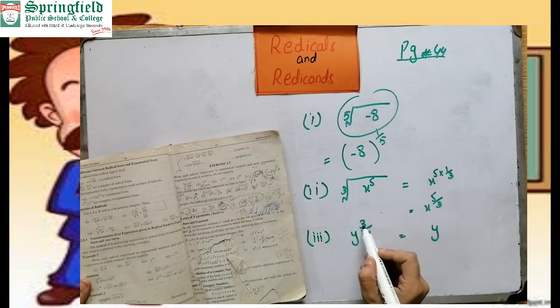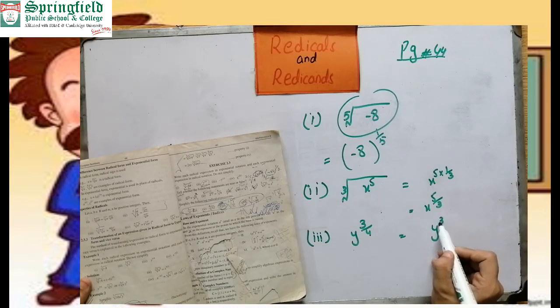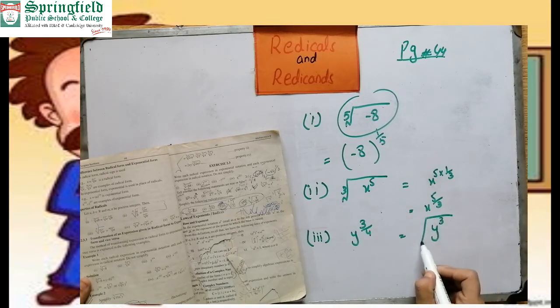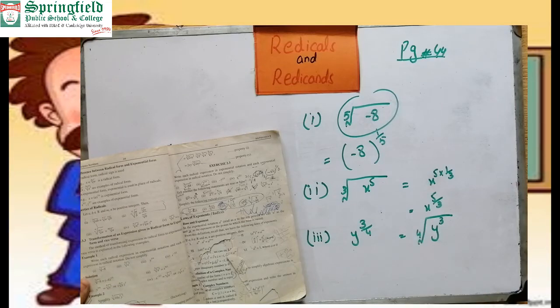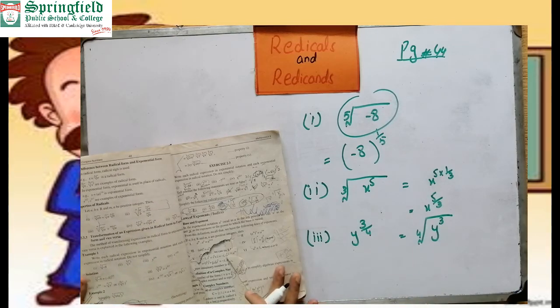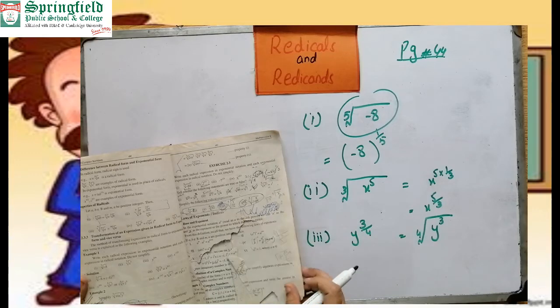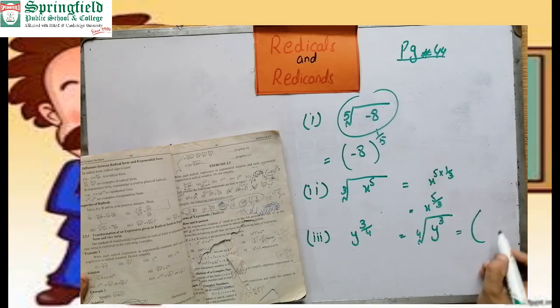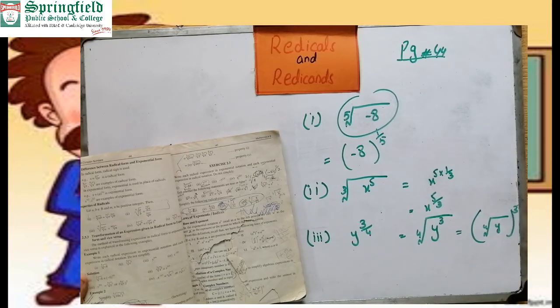The numerator is the power of the base, and the denominator 4 means this is the fourth root of y cubed. Understood, beta? Okay, it can be written as the fourth root of y, and then cubed.